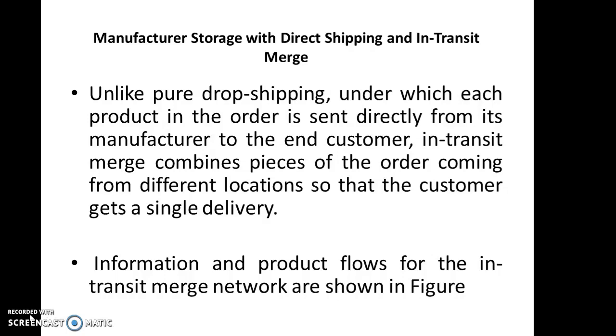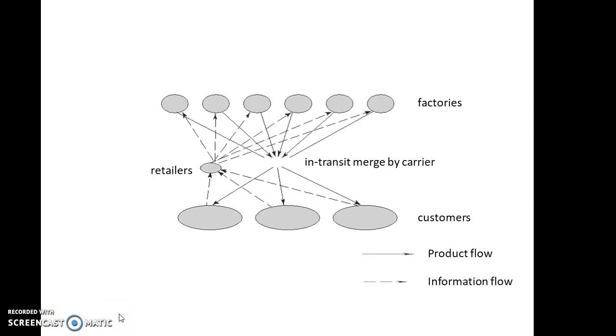What does it mean? It combines pieces of the order coming from different locations, but the customer gets it as a single delivery. Information and product flows for the in-transit merge network is shown in the figure. When you see the diagram, we can understand the process. The customer places an order through the retailers.